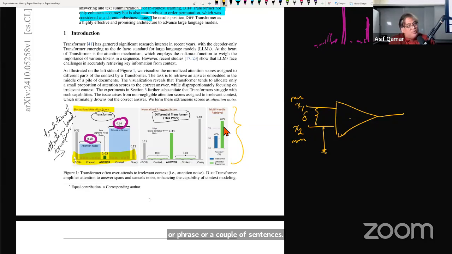Right? So one of the benchmarks or ways of evaluating an LLM has been to see the performance of the LLM in multi-needle retrieval. You hide a few needles, a few pieces of information. Some of them are really the answer to the query, and some of them are deliberately misleading or noise, right?